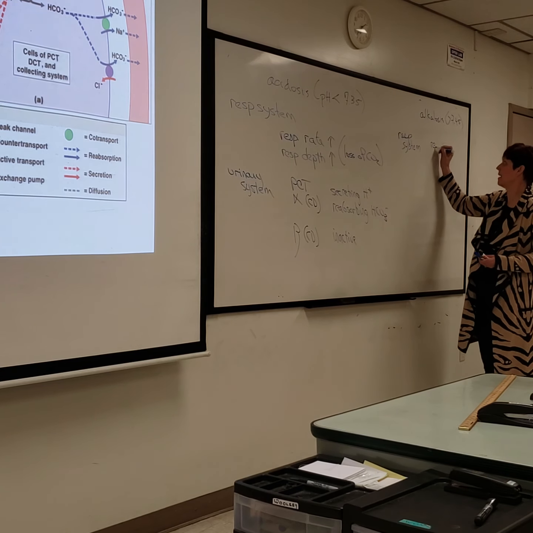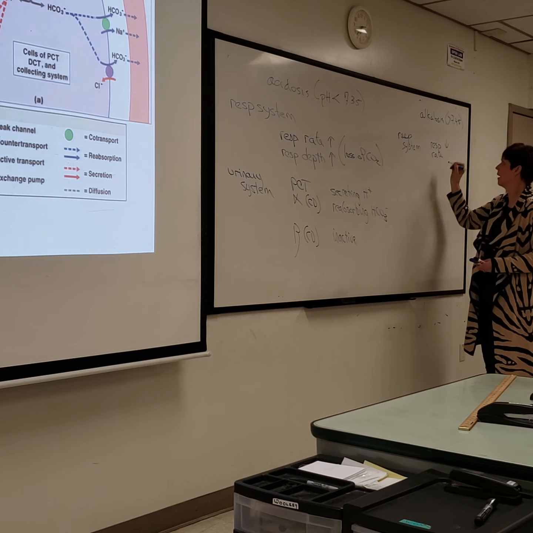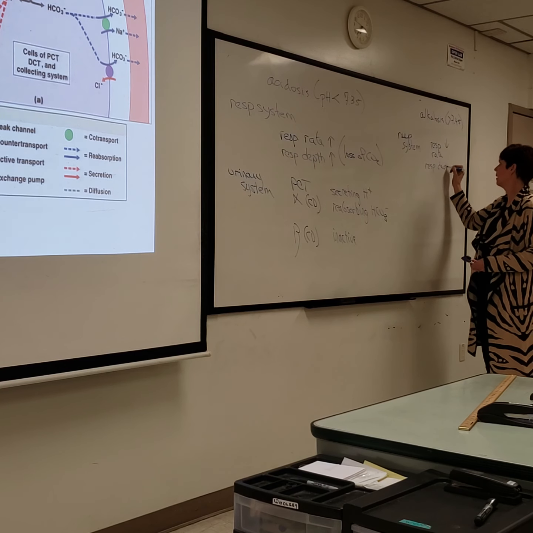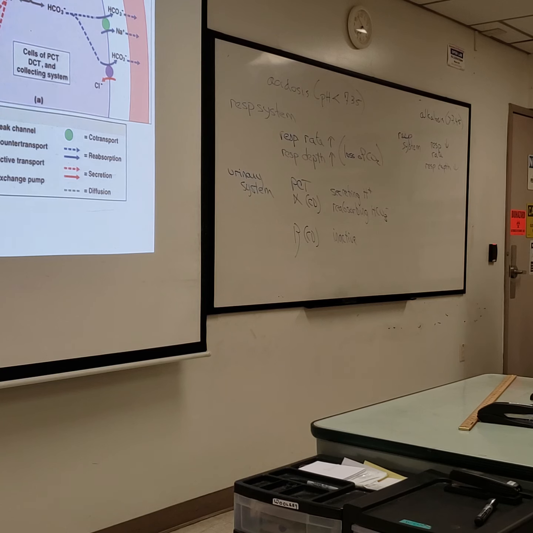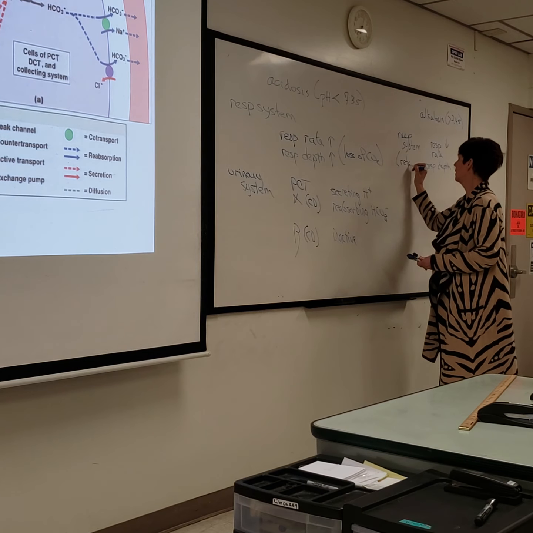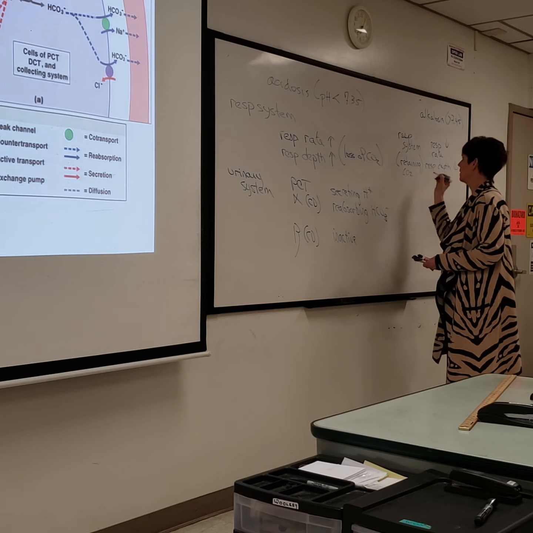So respiratory rate is going to decrease, and respiratory depth is going to decrease. So fewer and more shallow breaths, holding on to the CO2. Okay? So this would be retaining CO2.